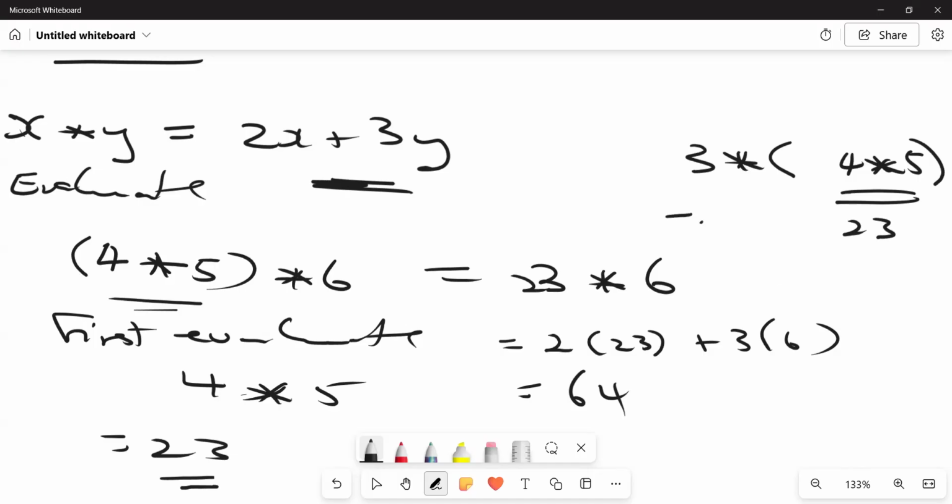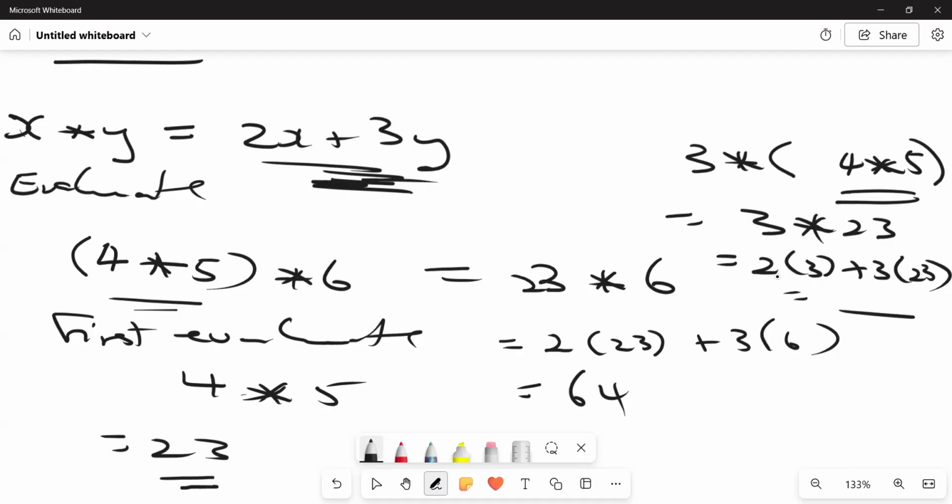So this is equal to 3 asterisk 23, which, if you substitute in here again, will be equal to 2 times 3 plus 3 times 23, which turns out to be, I think they did it in the textbook, 75. 75 is the answer.